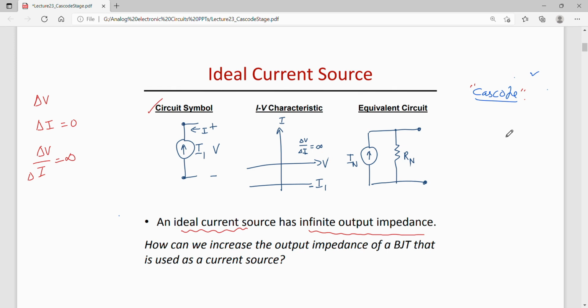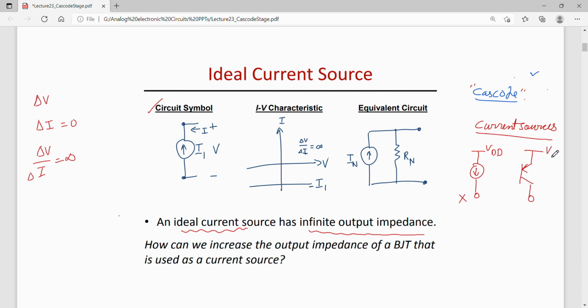Now we had discussed some time back that BJTs or MOSFETs can be used as current sources. We had commented that, for example, a PMOS or a P-type BJT, a PNP transistor, can be used to pick current from a node, let us say VDD, and supply the current to the node X. So this can be done by either a BJT or a PMOS, right?